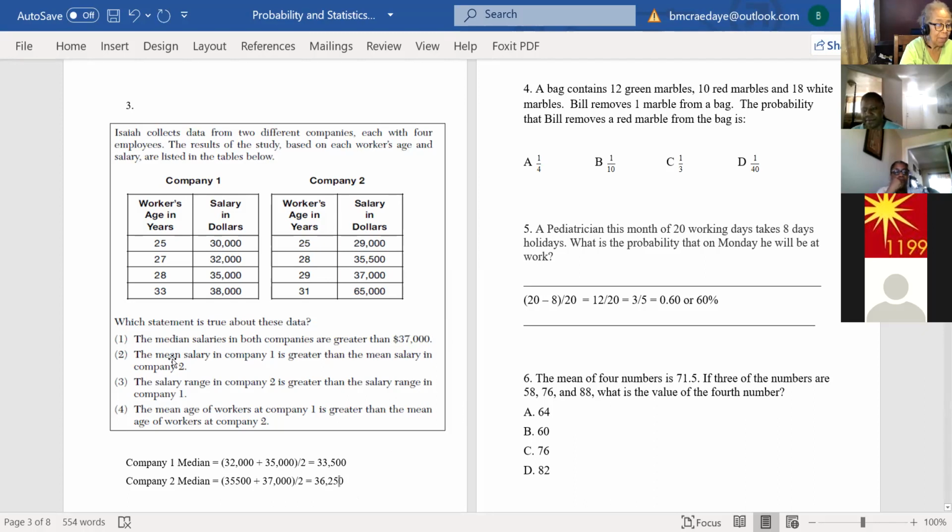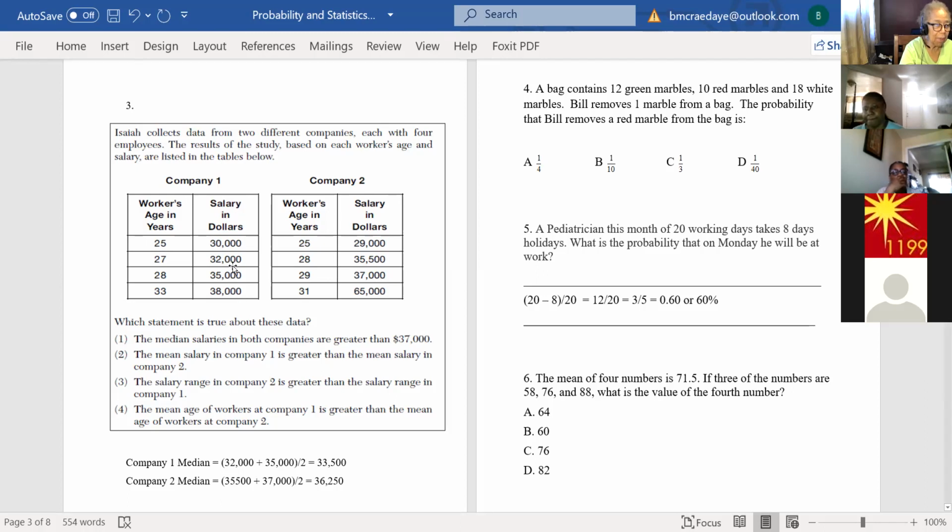Now, how do you get the mean of the salaries? Michelle, how do you get the mean? Middle? No, middle is median. How do you get the mean? The mean is the average. You'd have to add, and then divide by what? By adding and divide by 4. That's correct.